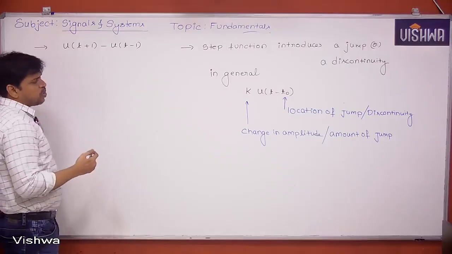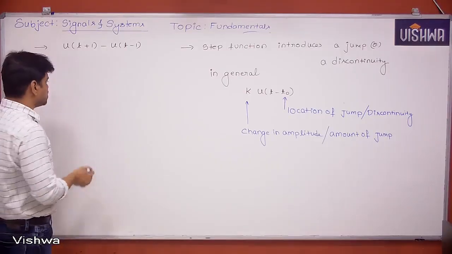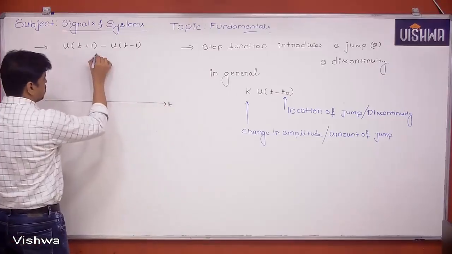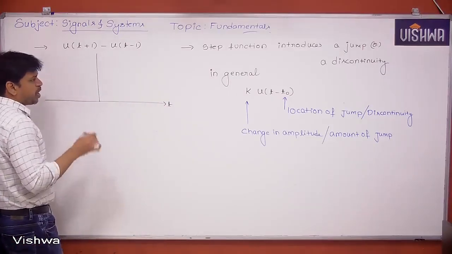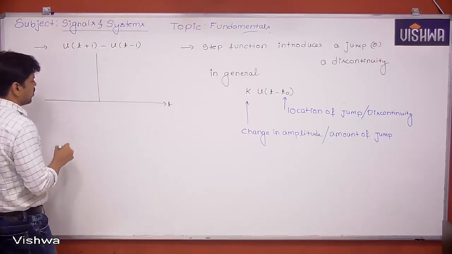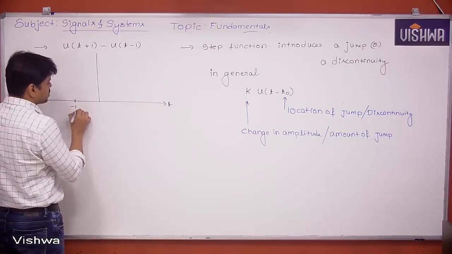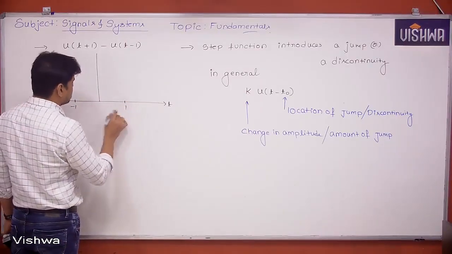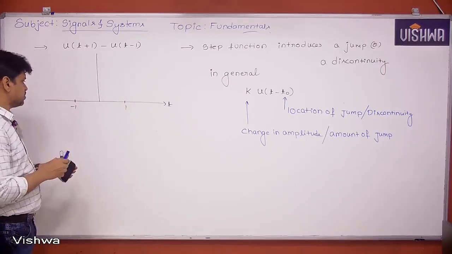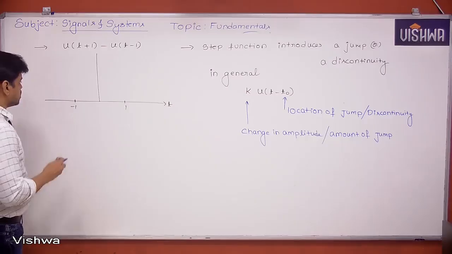So whenever you want to draw this kind of waveform, first take the time axis and represent the points of discontinuity. Where are they? One is at minus 1, another one is at plus 1. In the ascending order, this is the order. So minus 1, plus 1. Then we have to draw this.